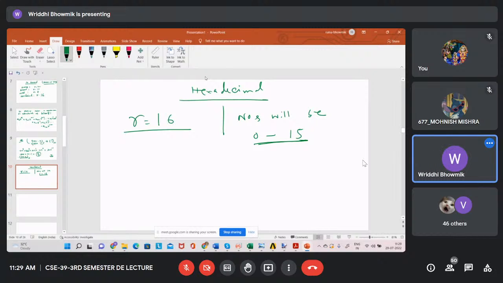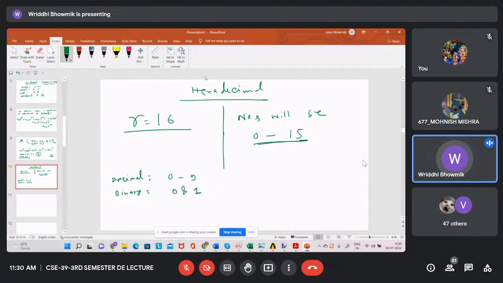Like in the decimal system, we have digits from 0 to 9. For the binary system, we have digits 0 and 1. And now for the hexadecimal, we have the numbers from 0 to 15.